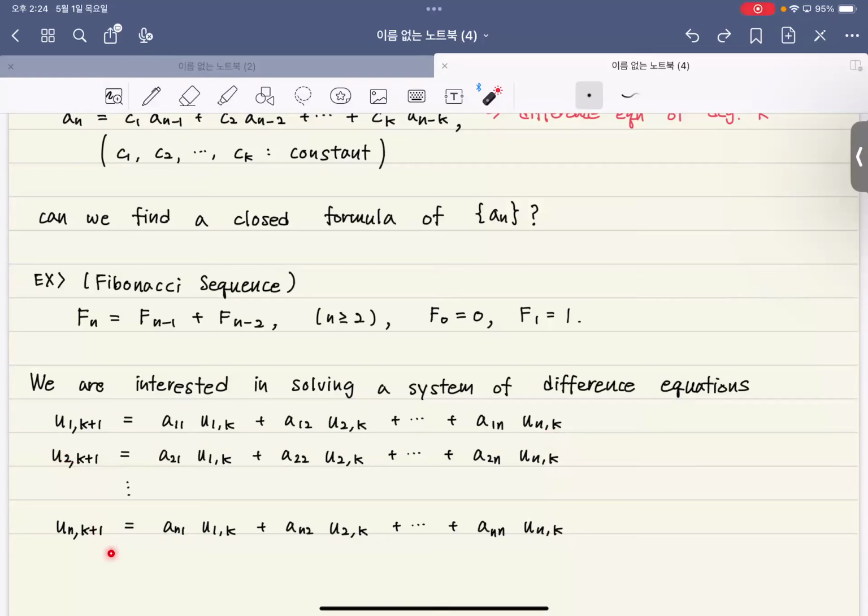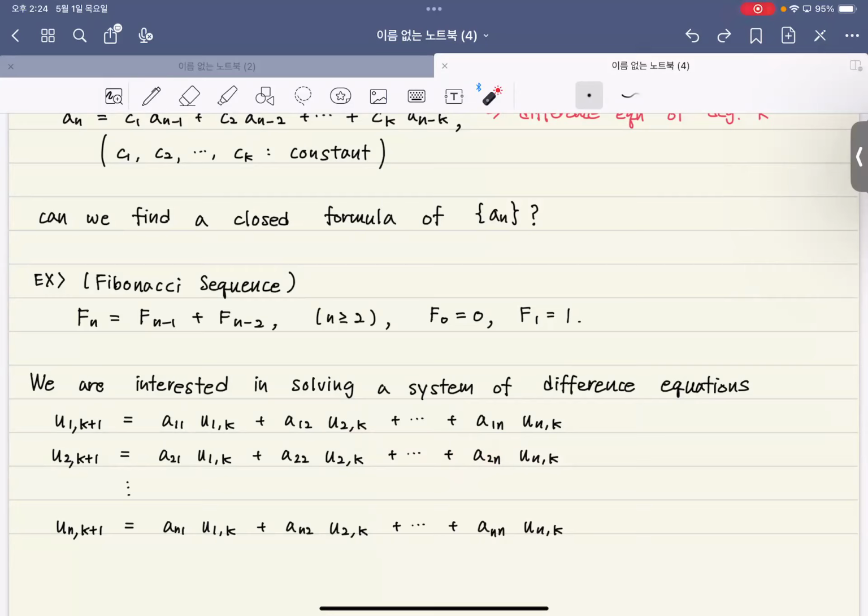So this is not a single difference equation, but a difference equation for u1 to un. I say this is a system of difference equations. Also, every k plus 1 term depends only on the previous, k-th terms of u1 to un. So I say this is a system of difference equations of degree 1, right?